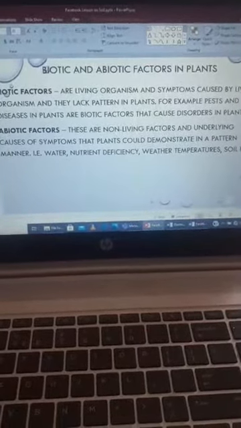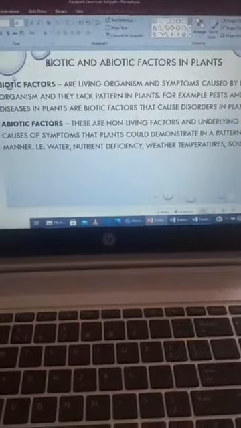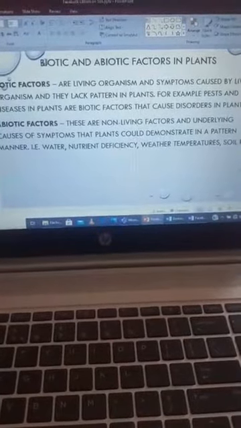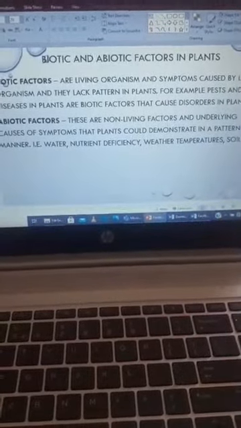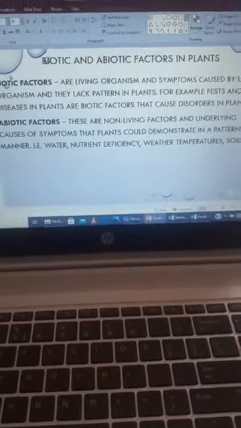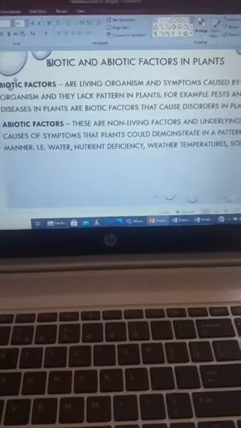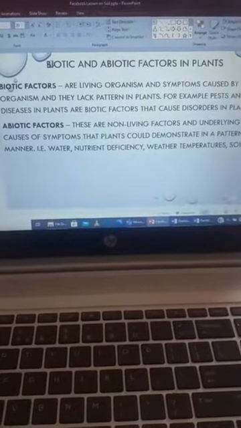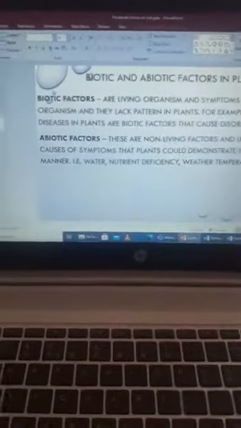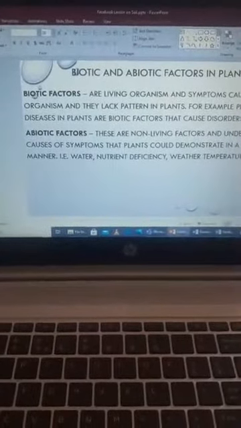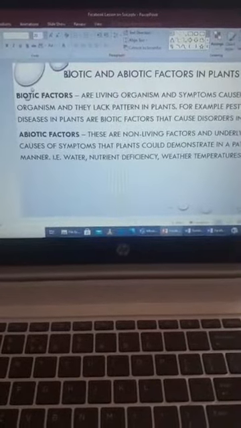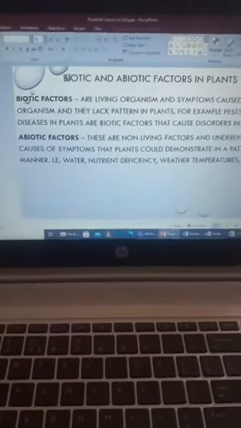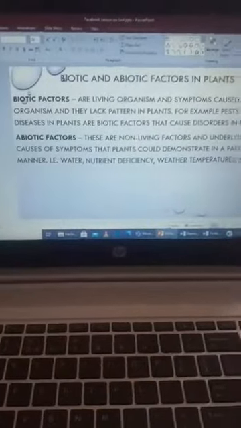So what are the biotic factors? Biotic factors are living organisms, and the symptoms are caused by living organisms. What biotic factors do, they lack a pattern when they attack the plants. For example, pests are biotic factors, and pathogens are biotic factors. Human beings are biotic factors.